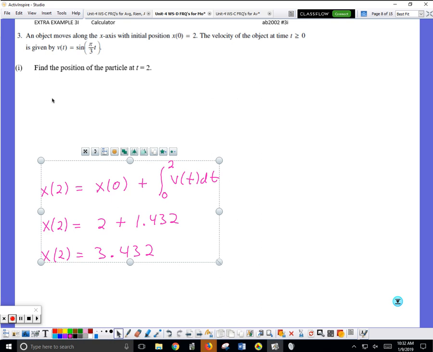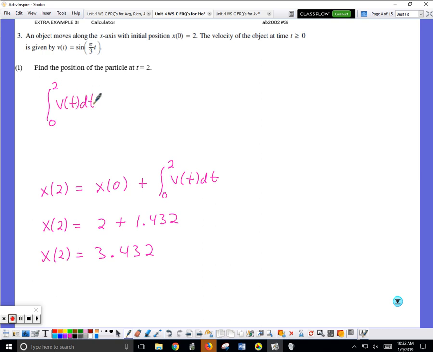So you had this. Is that correct? So all we're going to do is add x of 0 to this side. It's the same exact thing. Questions from anyone?